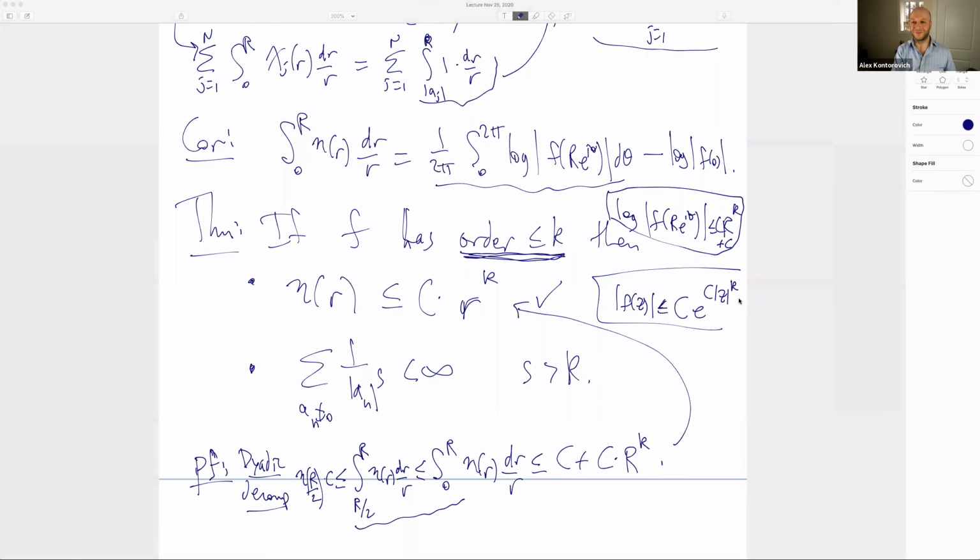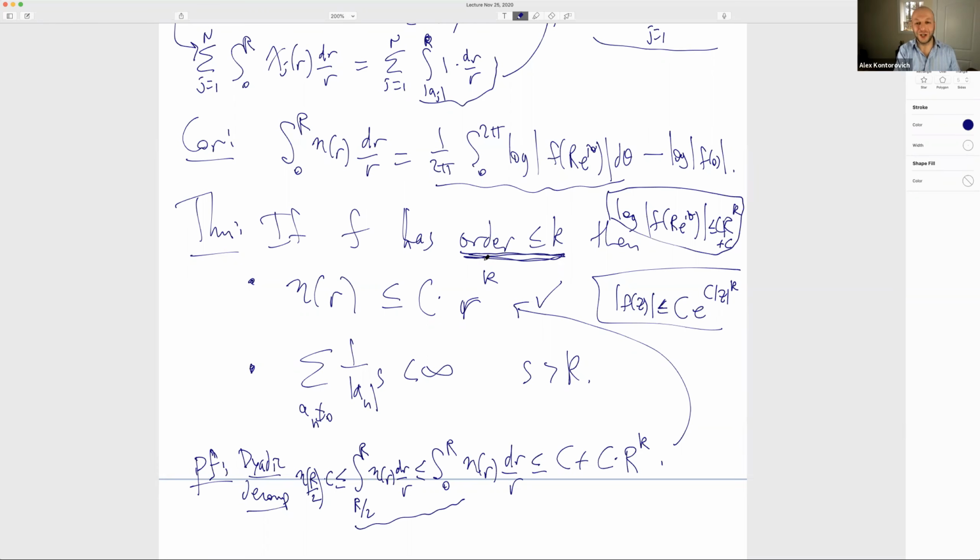Oh, okay. So if f has order equal to k, then we don't have a bound like this. We have a bound like this with k plus epsilon for any epsilon. You're absolutely right. So all I'm saying is take away the equals possibility and write order strictly less than k. Right? Oh, I see. You would prefer if I did that.